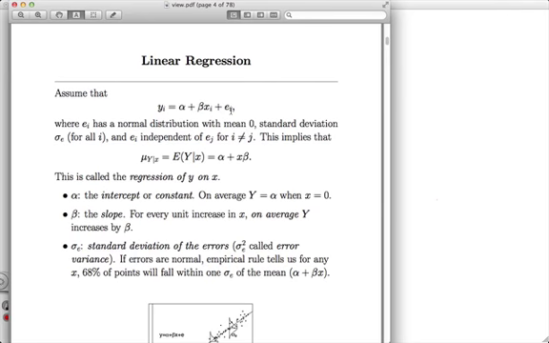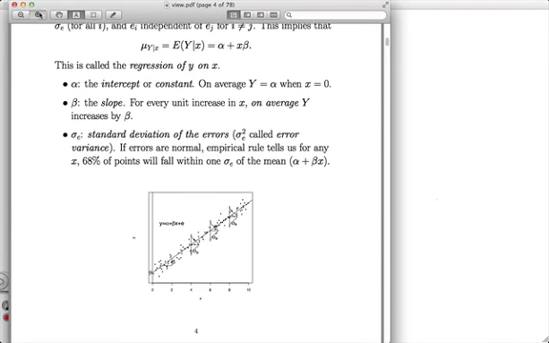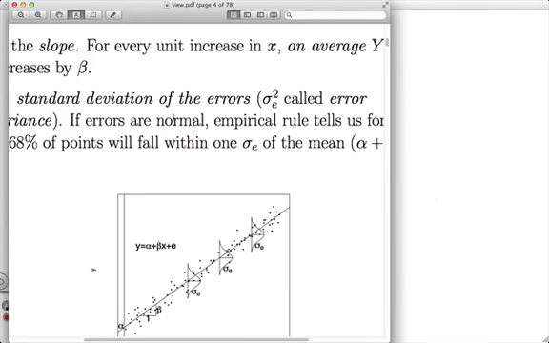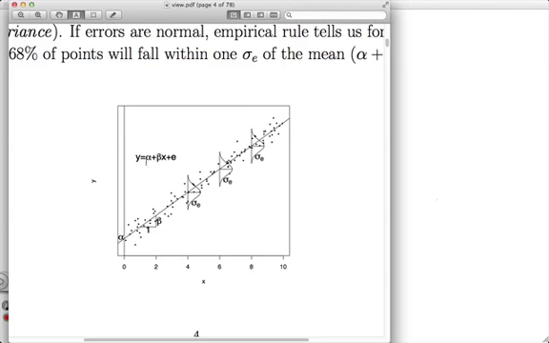Now let me show you a picture that illustrates what's going on here. In this picture, here's our equation. The recipe that generated all of these points is that there is a line. So here is the line, alpha, our intercept, plus beta times x. You'll note that I've indicated that slope as follows.